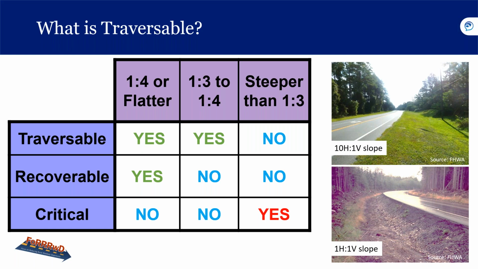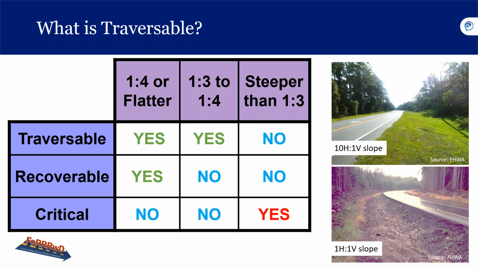So flattening the slopes to 3-to-1 or flatter is what we're talking about here. Slopes that are 4-to-1 or flatter are also considered recoverable. Recoverable means that the driver can actually start recovering control on the slope.